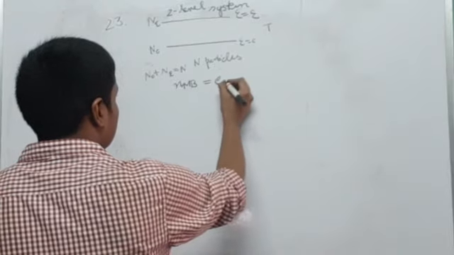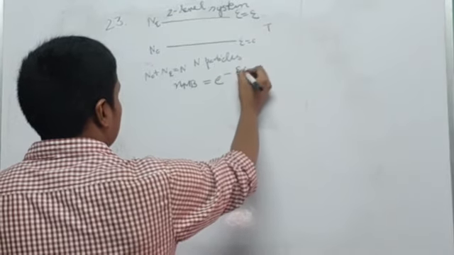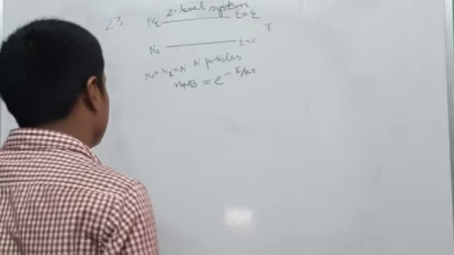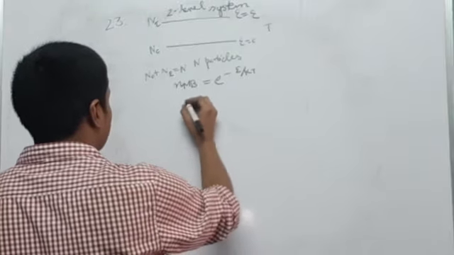and the distribution we just saw, in this case it would be epsilon minus 0 by kT, which is epsilon by kT.